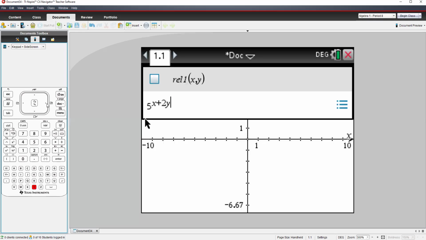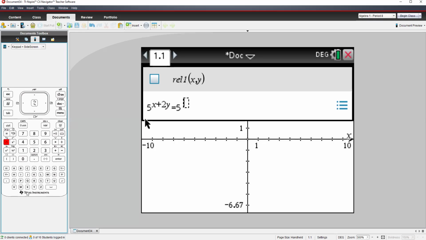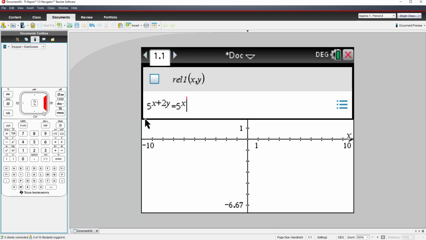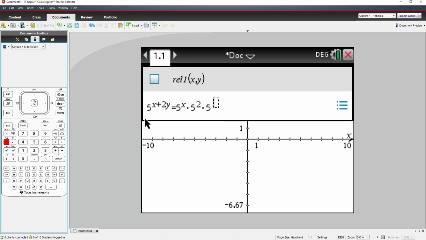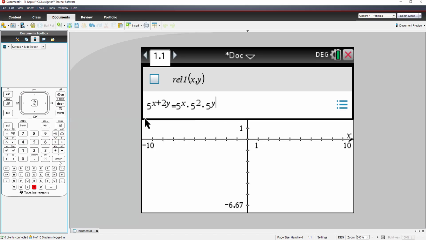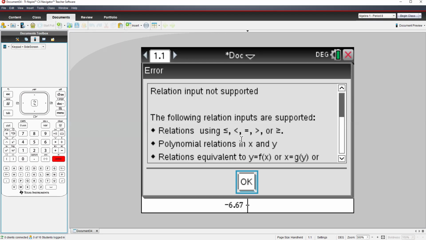And then I'm going to say it's equivalent to, let's say, the first one: 5 to the X power times 5 to the second power times 5 to the Y power, right? I'm going to get an error message. It's going to say, hey, I can't handle that complicated equation. You've got a lot going on.